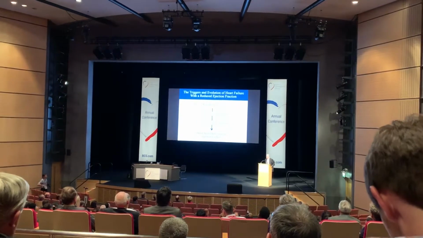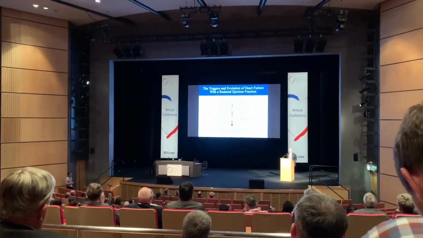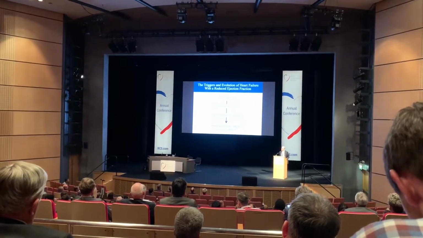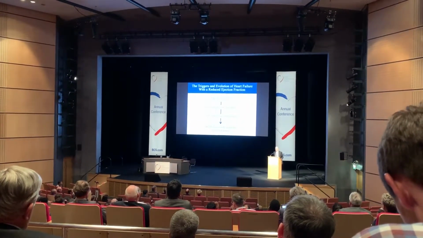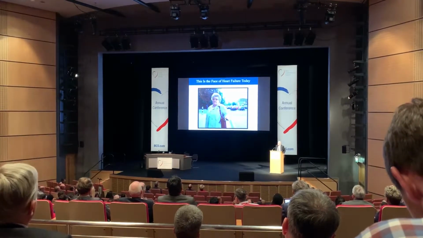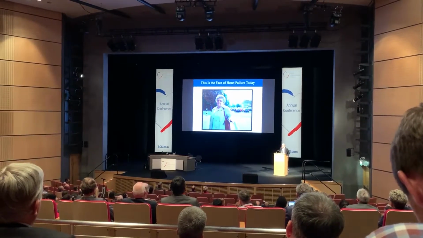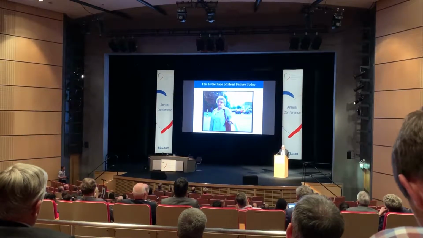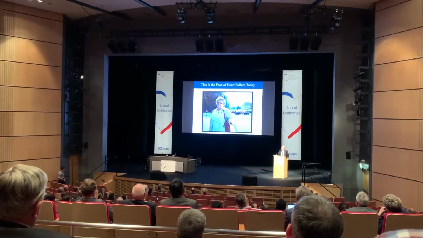But I don't want to talk about this disease because you always hear people talk about heart failure and a reduced ejection fraction. I want to talk about the face of heart failure today. This is what heart failure looks like today.